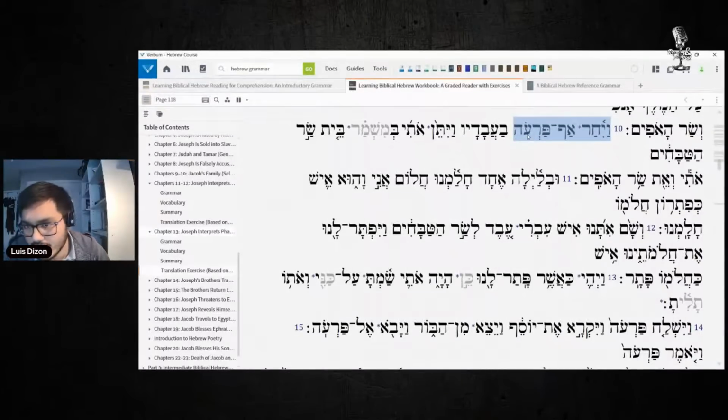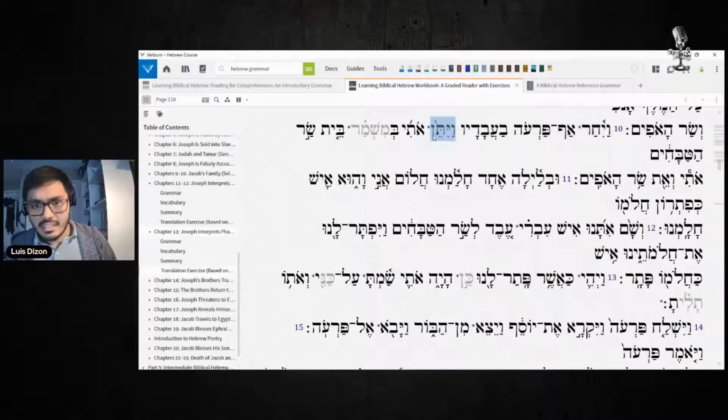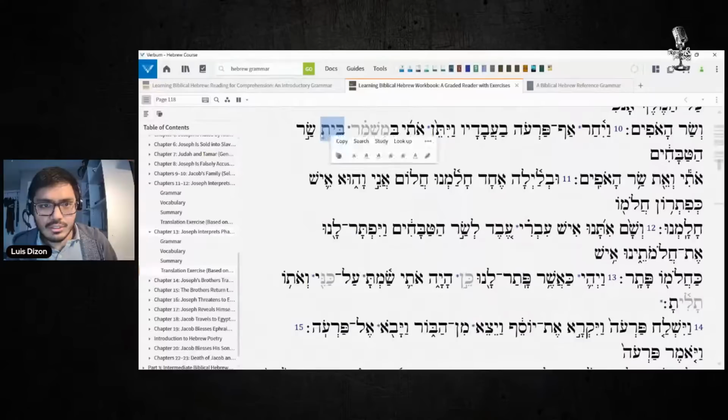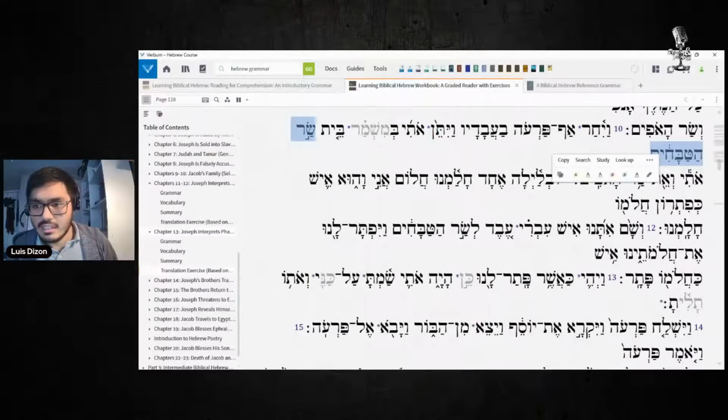Hebrew is a very colorful language like that. But we will just render it as Pharaoh got mad at his servants, and he gave me into the prison. Actually, he placed me in prison. So natan normally is translated to give, but here it would make more sense to translate as he placed me in prison, the house of the sar hatabachim.